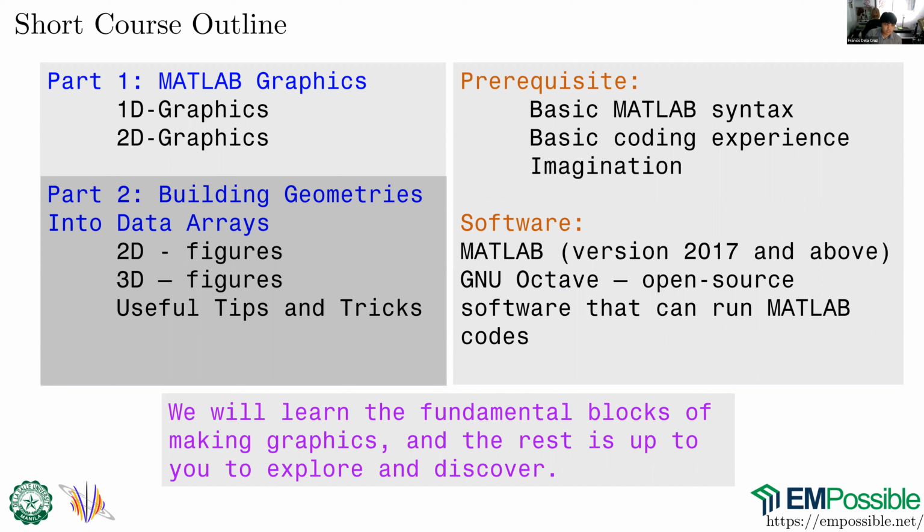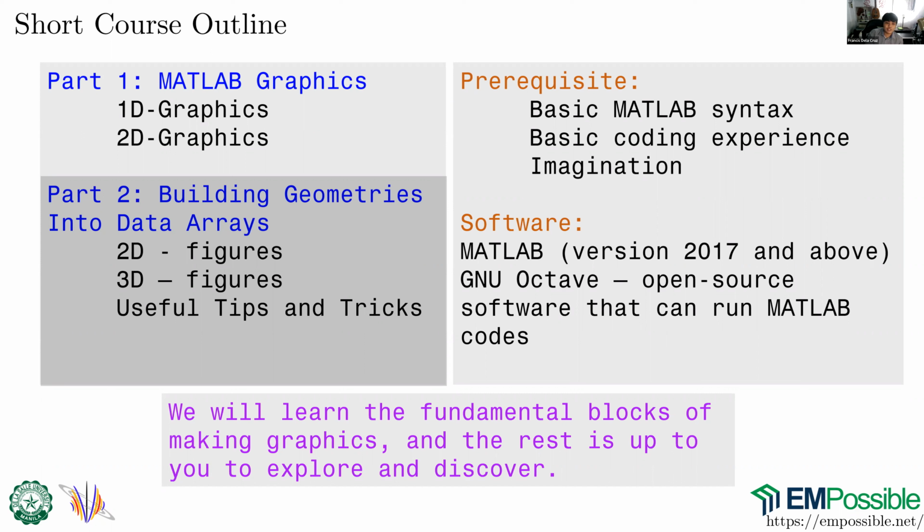Of course, GNU Octave is a little bit less powerful compared to MATLAB, but your basic MATLAB graphics can still run. I already checked it, and there are some differences, but if you really want to use GNU Octave as a substitute, there's no worry about that.